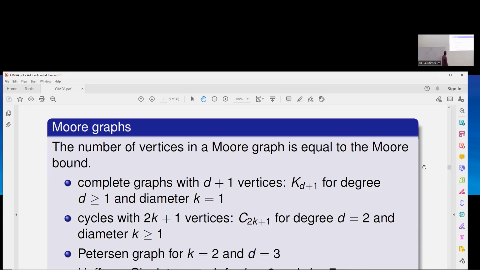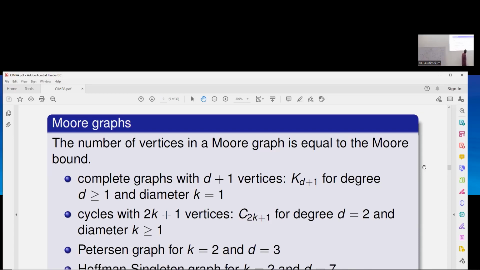Even if I didn't define it yet, I guess you can correctly assume what a cycle is. A cycle is just a graph with this kind of structure, where every vertex has degree 2. Therefore, cycles are Moore graphs for degree equal to 2 and for general diameter.